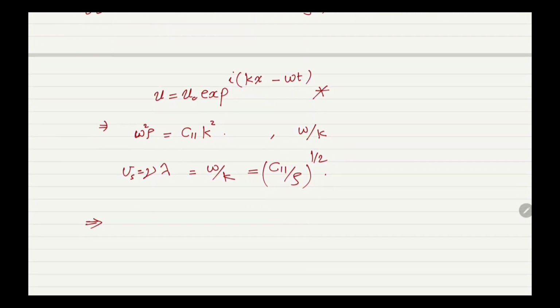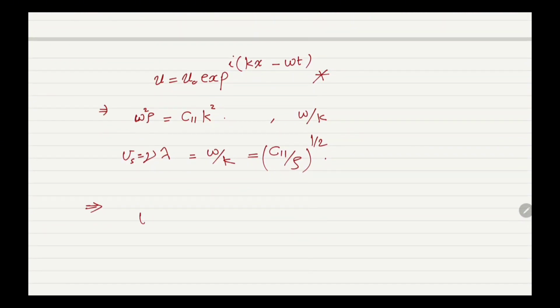It's v. Now v in this case, again the same as this one here, v naught exponential i k. Now its propagation in the x direction, it's kx minus omega t, the time dependent solution right here.